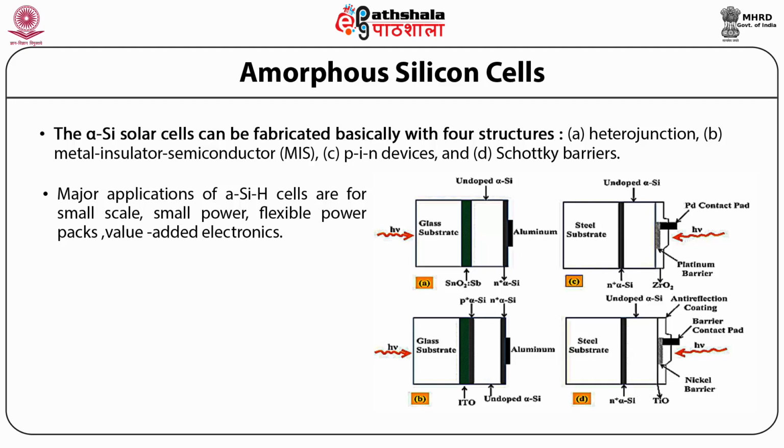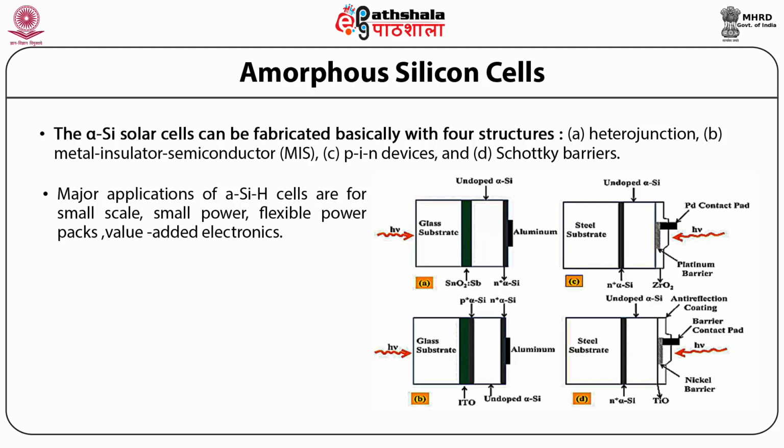The next is the PIN junction based alpha silicon solar cells. They are most suitable solar cells for commercial production, which show good performance, and they can be produced in two types of structures.